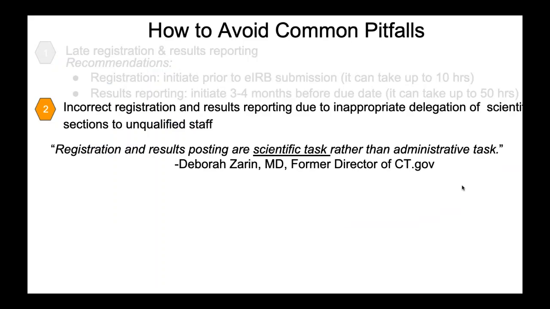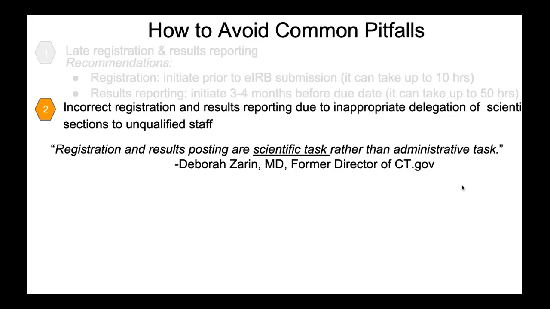The next common problem is incorrect registration and results reporting due to inappropriate delegation of scientific sections to unqualified staff. I've mentioned before, but according to Deborah Zarin, the former director of ct.gov at NIH for the past 13 years, ct.gov registration and results posting are scientific tasks rather than administrative tasks, requiring basic statistical and epidemiological knowledge, especially for results reporting.